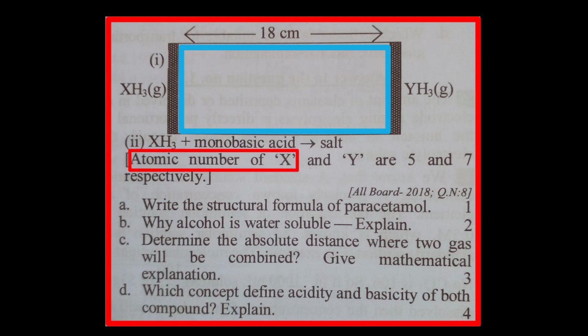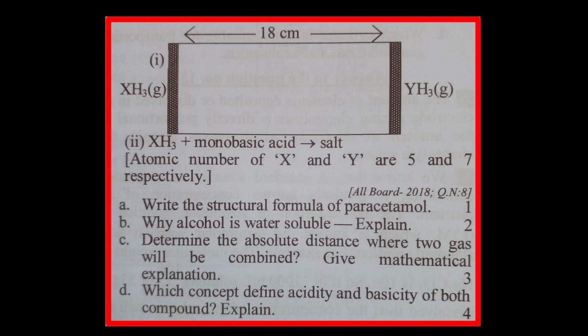See, atomic number of X is 5. That means this X is boron, and atomic number of Y is 7. That means this Y is nitrogen. Therefore, XH3 will be boron hydride BH3 and YH3 will be ammonia NH3.